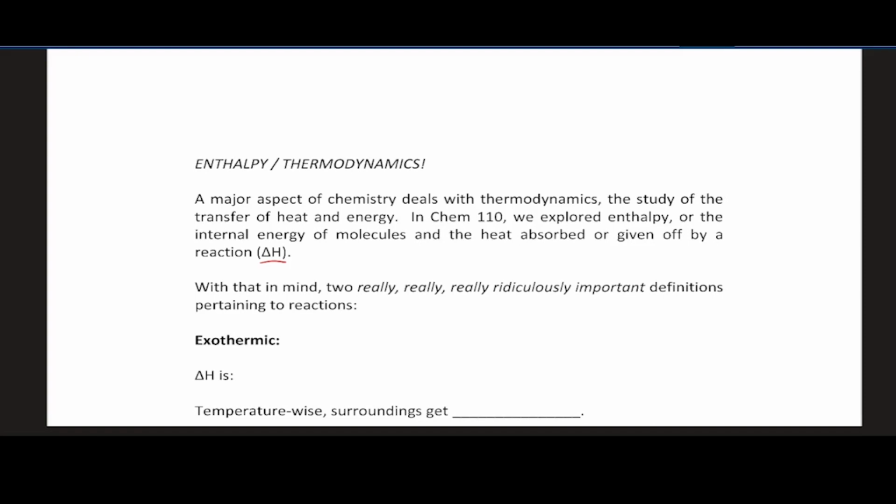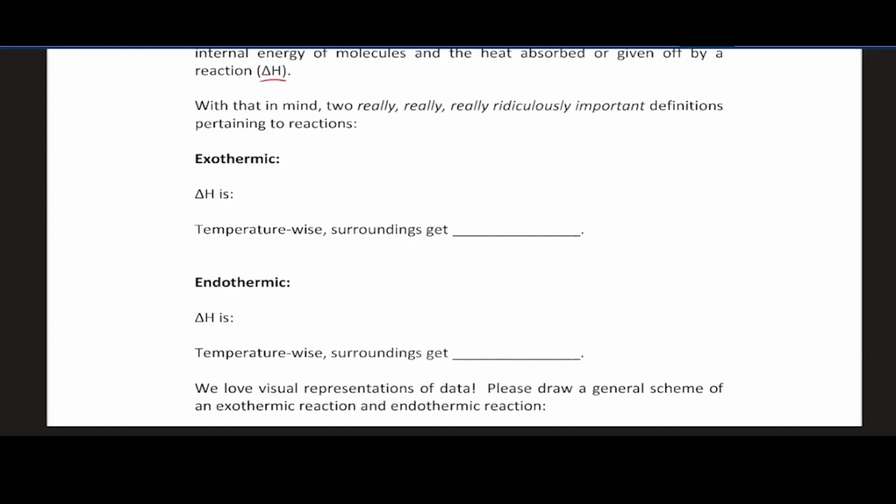We can describe this in 2 different ways. A reaction can be exothermic or endothermic. For an exothermic reaction, this means that our enthalpy is negative. So temperature-wise, our surroundings are going to get hotter.